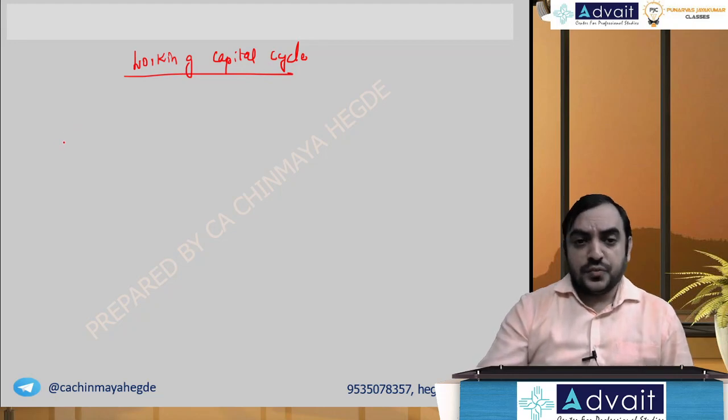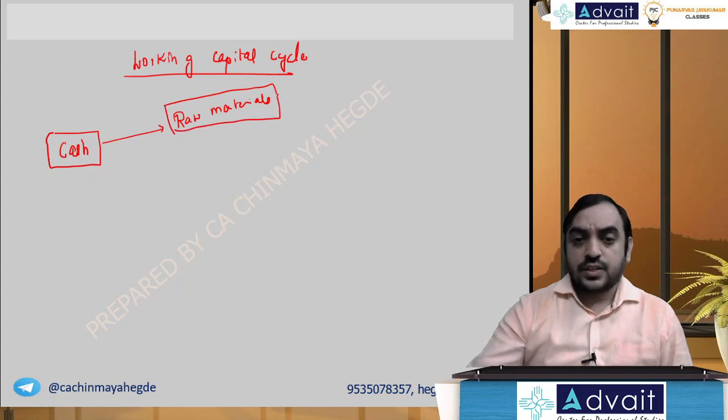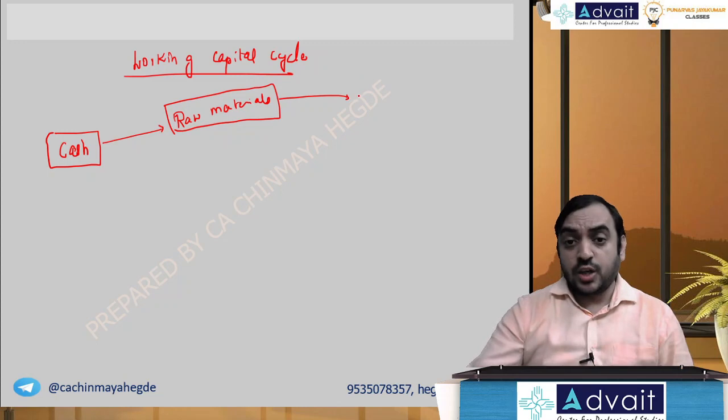So you start with any business with cash, and from the cash you purchase raw materials, and from the raw materials it will become work in progress. It will be worked on, WIP.